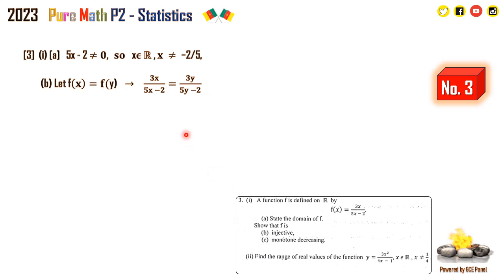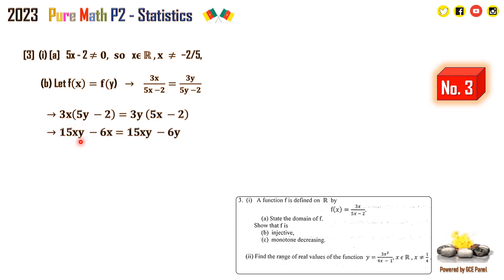Now for the B part, to show that the function is injective. A function is injective if f of x equals f of y implies x equals y. That's what we want to solve for. We already have f of x, which is 3x all over 5x minus 2. Now f of y will be when we replace x by y: f of y is 3y over 5y minus 2. At this point, we simplify. We are going to have 3x times (5y minus 2) equal to 3y times (5x minus 2). We open the brackets.